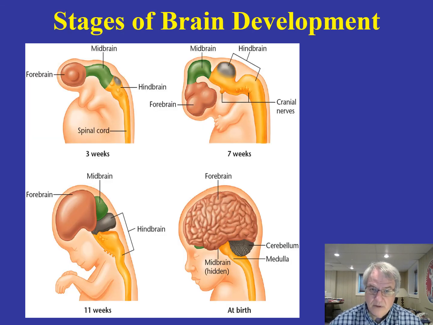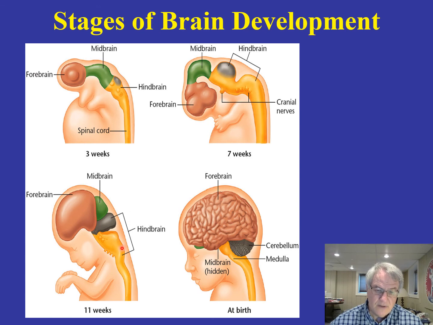When we explore the stages of brain development, this is what it looks like at 3 weeks of life. Again, here's the forebrain, here's the midbrain, here's the hindbrain, parts of the spinal cord. This is at 3 weeks. At 7 weeks of age, take a look now. The forebrain is developing more, as is the midbrain and the hindbrain. The cranial nerves are starting to develop.